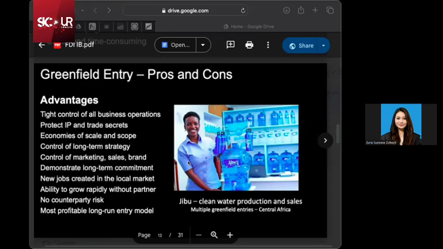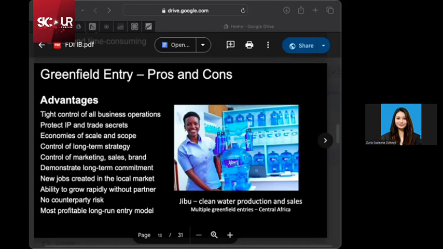And when you build a company, let's say a factory or any kind of building, you open up a lot of employment opportunities. So this is what is meant by demonstrating a long-term commitment: new jobs created in the local market.